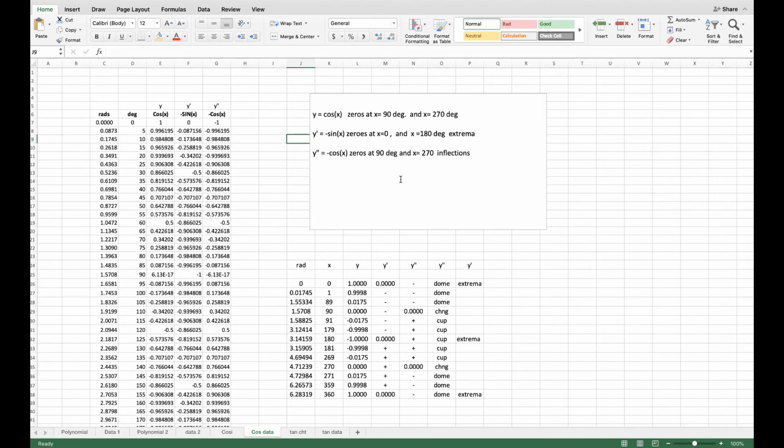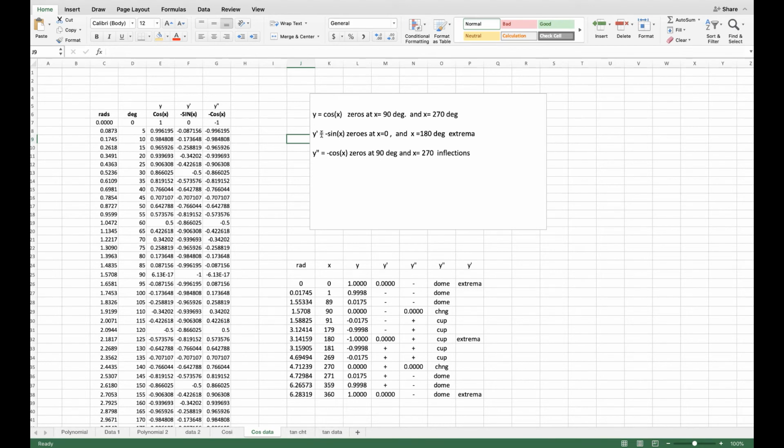So when we look at the zeros for the cosine function, for the one period or the one cycle, the zeros occur at 2 points. The graph crosses at x equals 90 degrees and 270 degrees. That's where the cosine function is 0.